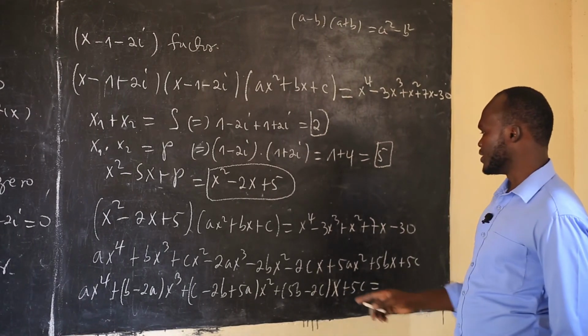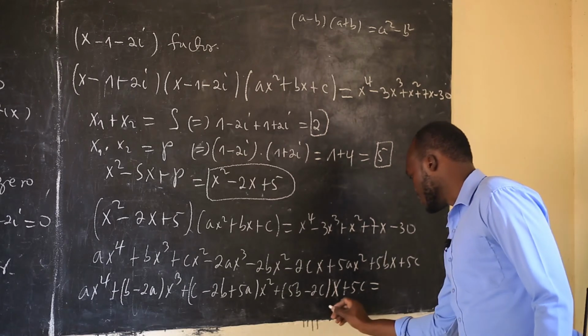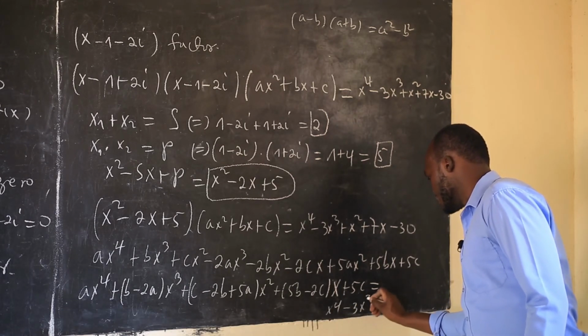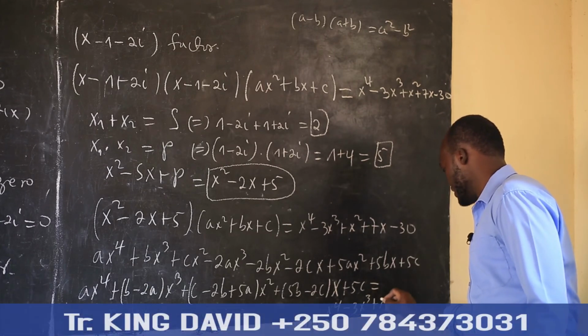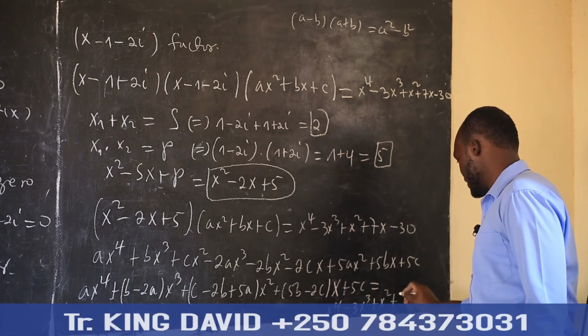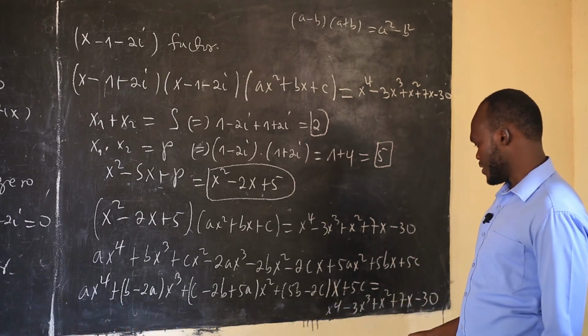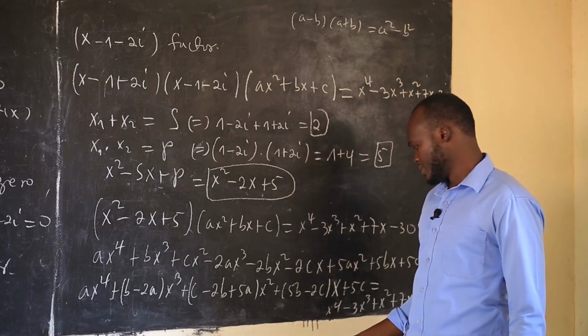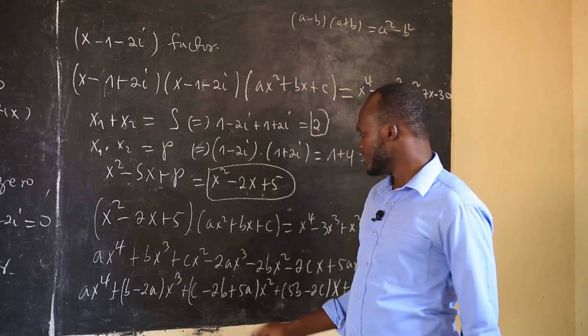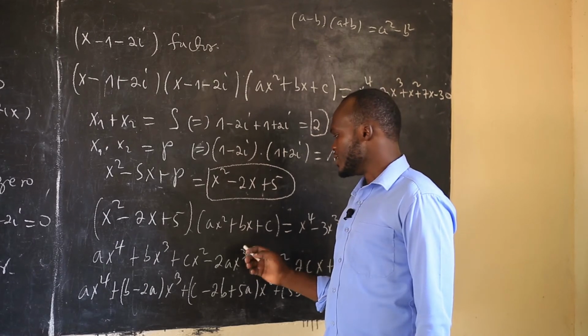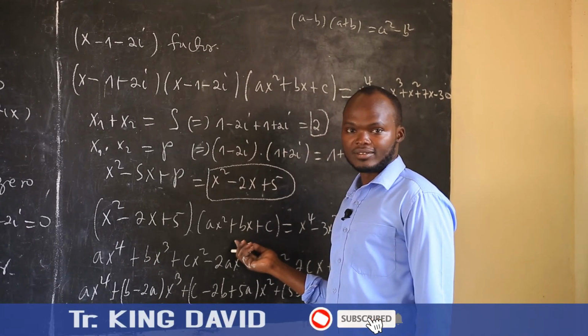Which is equal to what? To the fourth degree polynomial, which is x power 4 minus 3x power 3 plus x squared plus 7x minus 30. So what am I going to do? After getting the value of a, b, and c, you know to solve a quadratic equation is very easy.